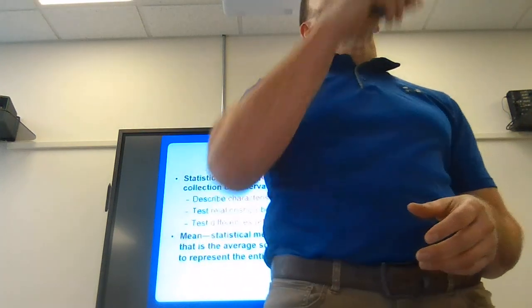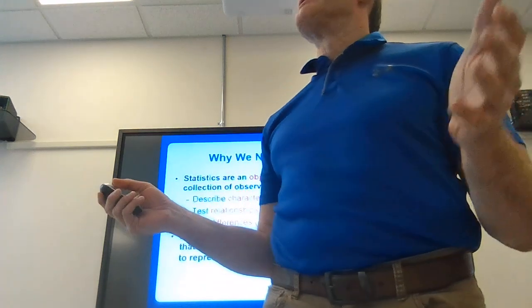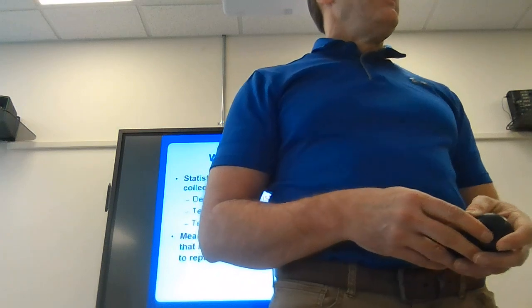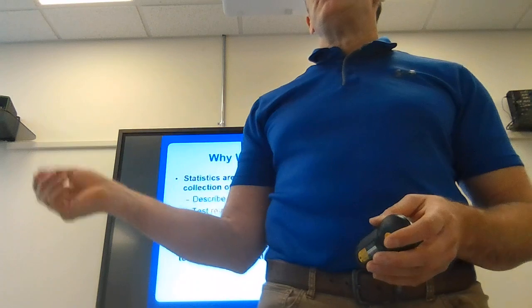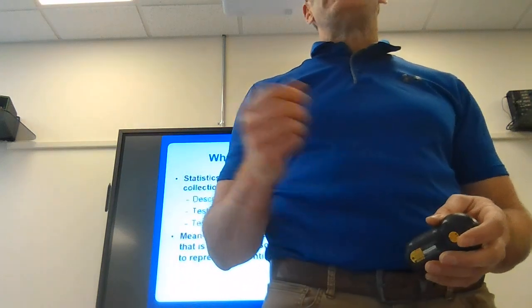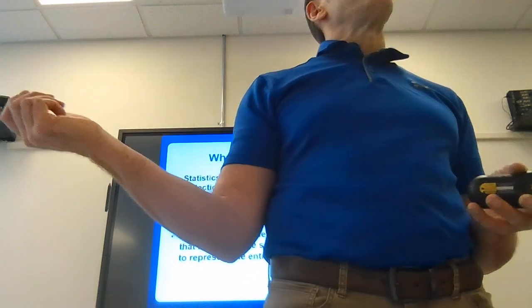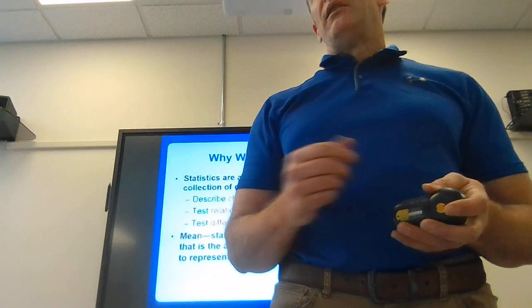You have this huge group of people, and because you don't want to measure everyone in this massive group, you randomly select a small group from that population and you measure the mean of the sample because it's a lot easier. So let me ask you that same question. Is the mean that you get for the sample going to be exactly the same as what you would have for the population? Not exactly.